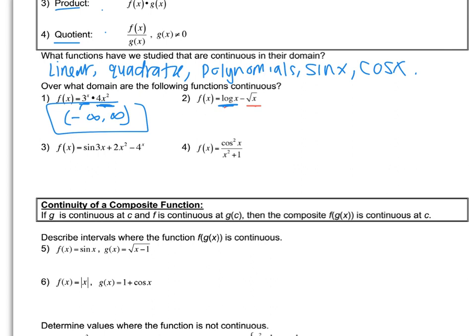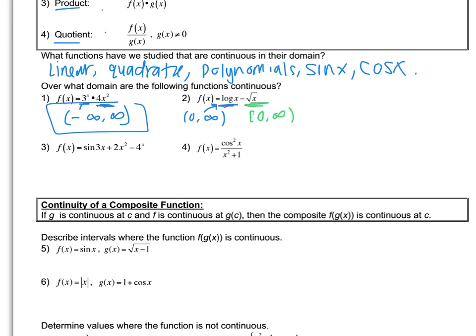It just isn't possible. It doesn't make sense. So this part of it is continuous starting at 0 and continuing to infinity. And then for the square root function, we know this function is defined for any number as long as it's not negative. So its domain includes 0 to infinity.